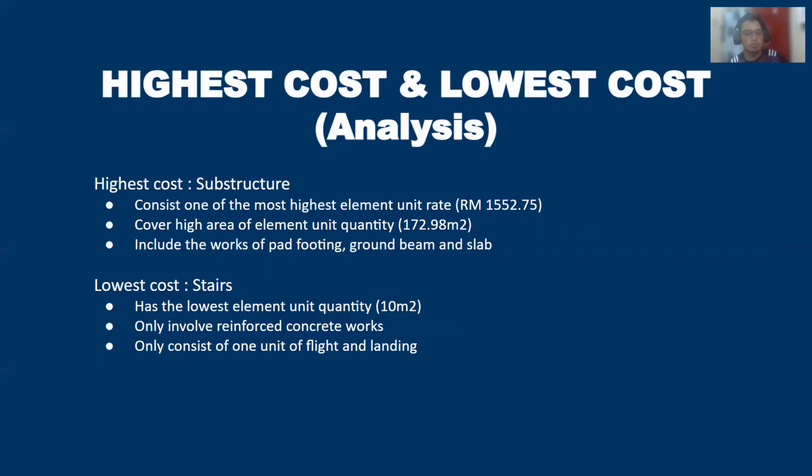The lowest cost belongs to the stair element, which has the lowest element unit quantity, which is 10 meters square, and only involves reinforced concrete works, and only consists of one unit of flight and landing.